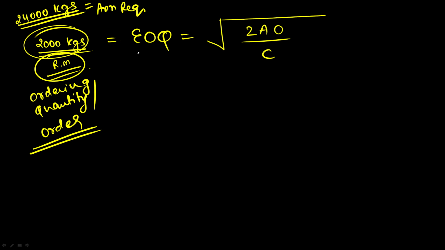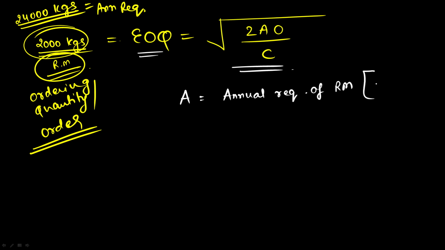Let us understand how we have found out. Wilson says economical ordering quantity is under root 2AO divided by C, where A is annual requirement of raw material and it should be in units or kgs but not in rupees.